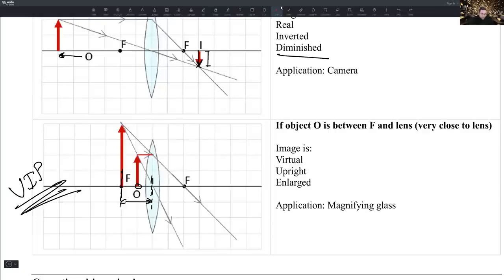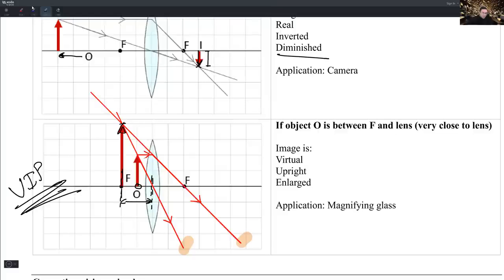From the top of the object I'll draw ray number 1, which goes to the center and passes through F. Then I'll draw ray number 2, which passes through the center of the lens, no bending will happen. The rays don't meet. Just like reflection. So instead of drawing lines that intersect, we extend them backwards. We extend them backwards, and they will intersect backwards here.